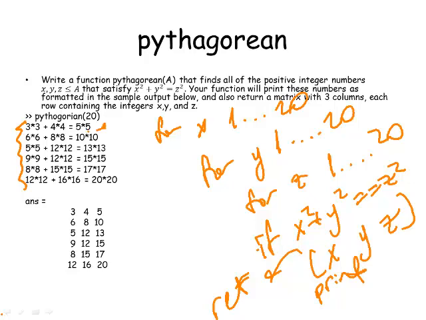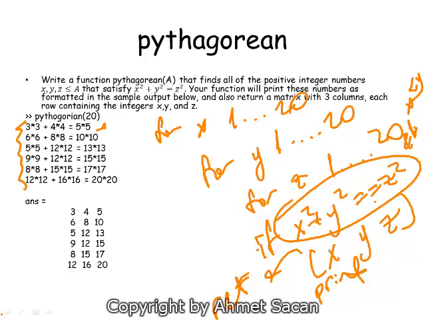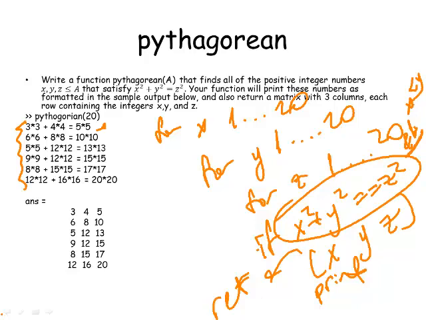So what this will do is it will print 3, 4, 5, but it will also print 4, 3, 5. So to prevent that from happening, you can change your if condition to additionally check that x is smaller than y. So you just say x squared plus y squared equals z squared, and x is smaller than y.